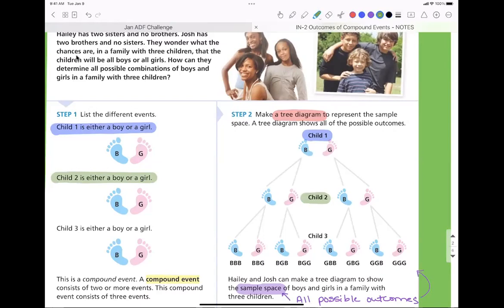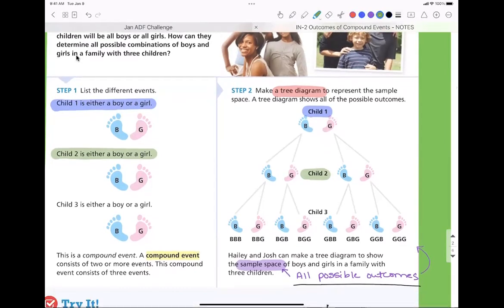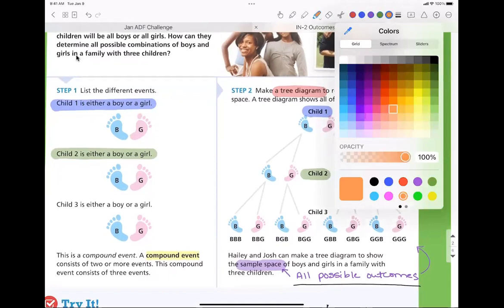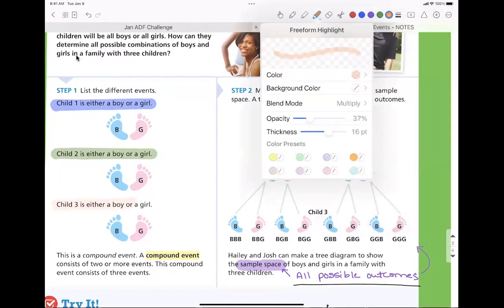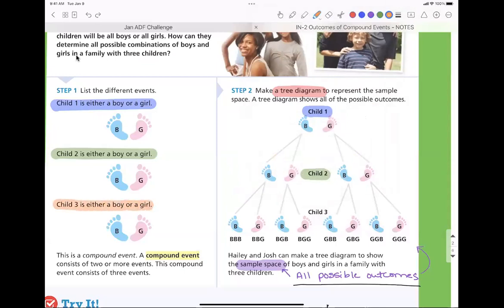The other side comes from the first child being a girl, and then it spreads out to boy or girl. So your possibilities double. Then when you get to child number 3, different color here. Sorry, it always gets so light for some reason. There we go. Child number 3. And here's the child number 3 level. Again, notice it doubles again.